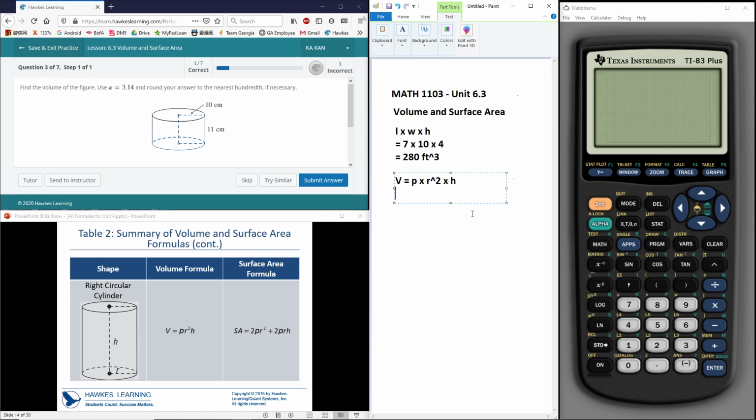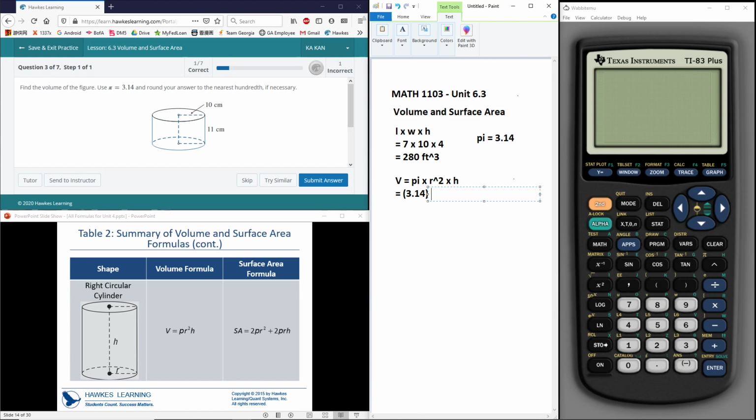I'm sorry, the P is pi, so I'll say pi just to make it easier. Pi is 3.14. You guys remember that, right? Pi equals 3.14.